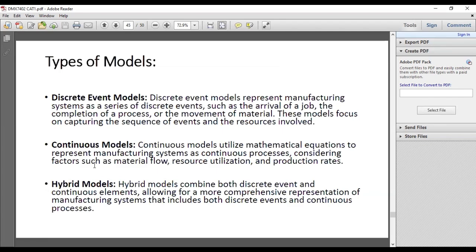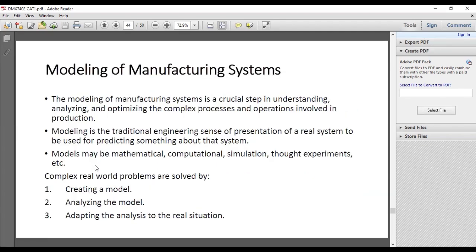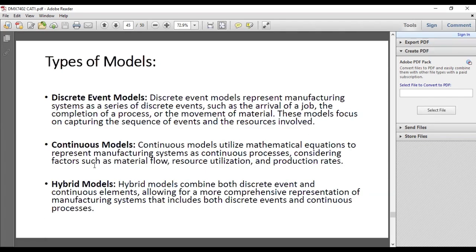And there are different methods or techniques. Now these are different types of models. There are basic three types of models you create: discrete event models, continuous models, and hybrid models.